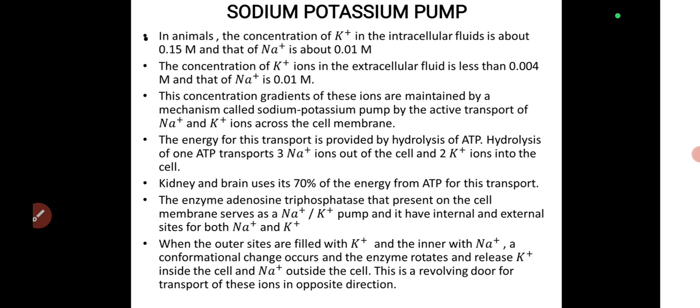So here we are using a pump to transport something against an energy gradient, from a site of lower energy to a site of higher energy. We are transporting water by using a pump. So in our biological system, instead of potential energy, concentration gradient is used.